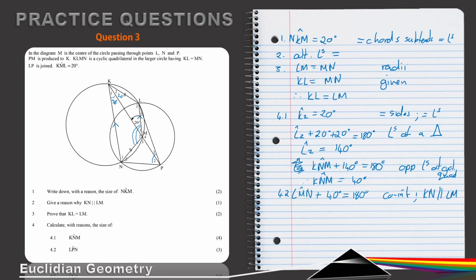Okay, then we can say LMN is therefore 140 degrees, right? And then if this is 140 degrees, then the angle at the circumference must be half of that. So LPN should be equal to 70 degrees, and the reason is angle at center is 2 times angle at circumference.